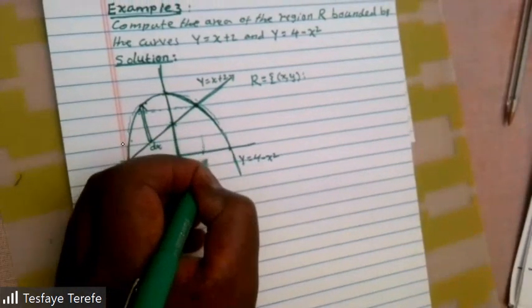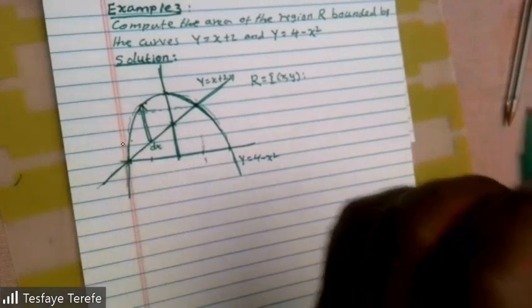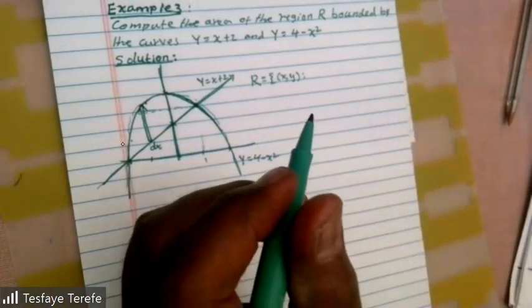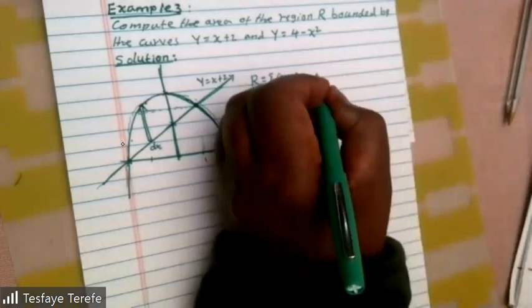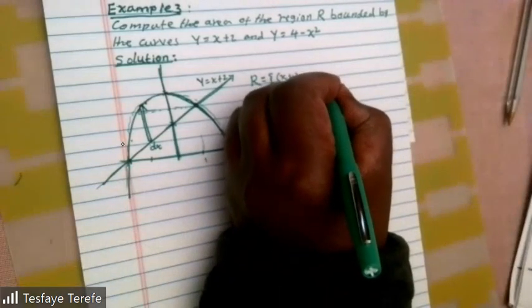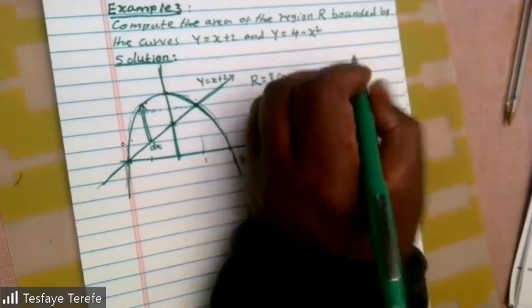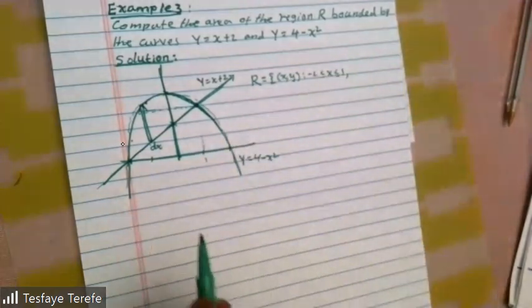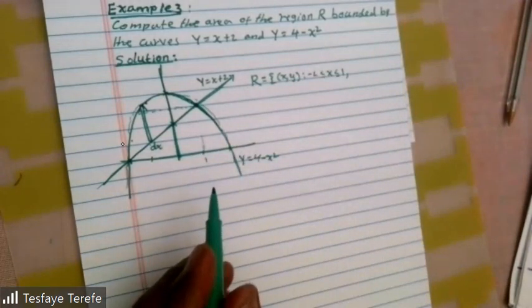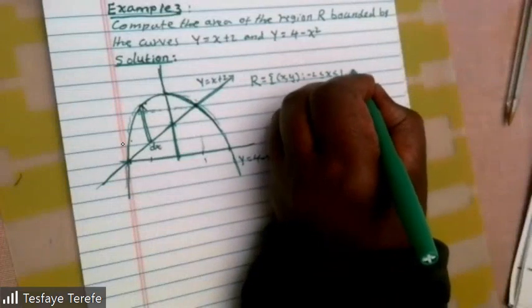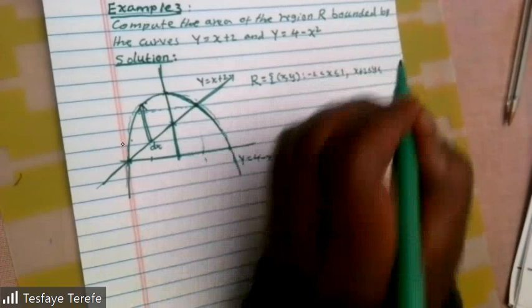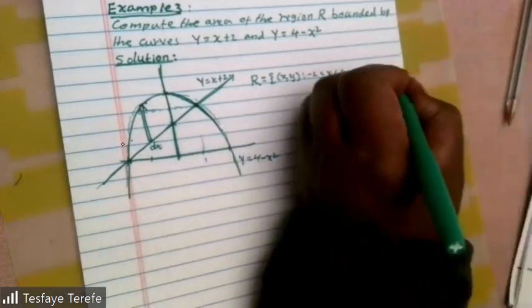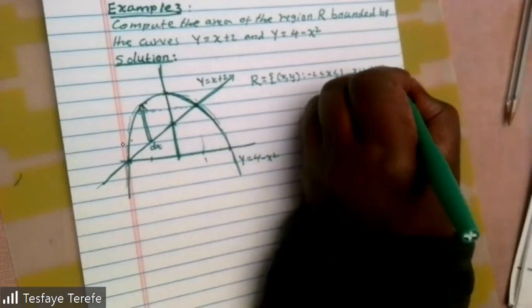This point is really 1. And I can say x is changing from negative 2 up to 1. And y is changing from the linear function, x plus 2, up to the quadratic function, 4 minus x squared.